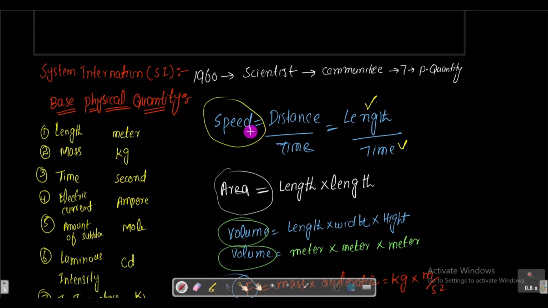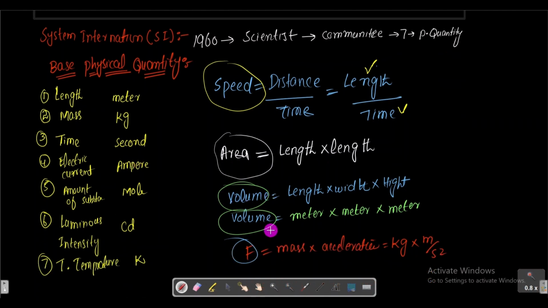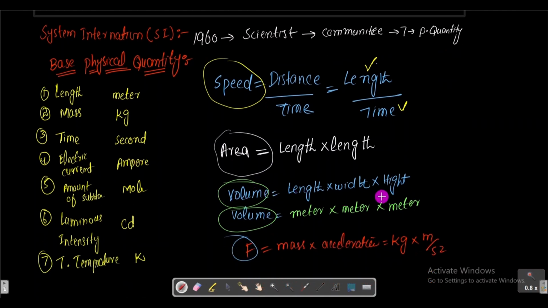The area is made indirectly from the base physical quantity, the volume is made indirectly, meaning the three times multiplication of the base physical quantity length. And similarly the force comes indirectly from the base physical quantities.